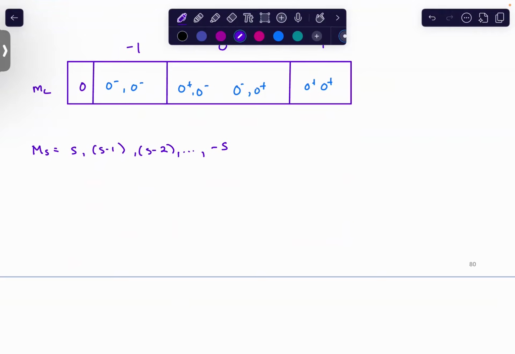So your first one, remember our linear combinations. Then you're also going to have another. And so what this means is this one is the one that goes into the triplet regime. And that one is your singlet.